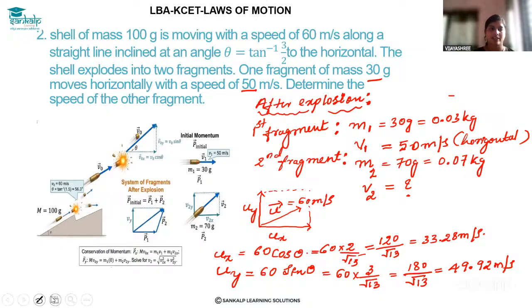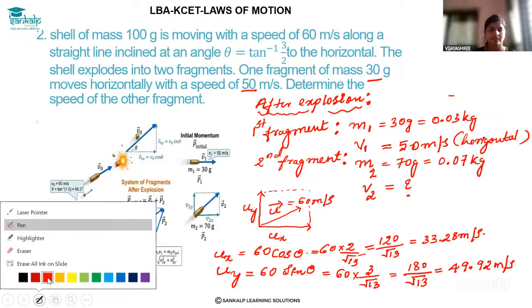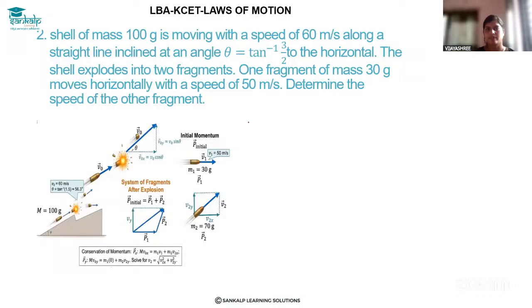Okay, I am going to erase this. Okay, now we have determined the horizontal component of initial velocity and the vertical component of initial velocity. Now we will calculate the initial momentum of the components. Okay, let us find the initial momentum of the components.